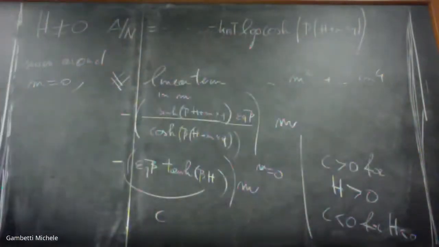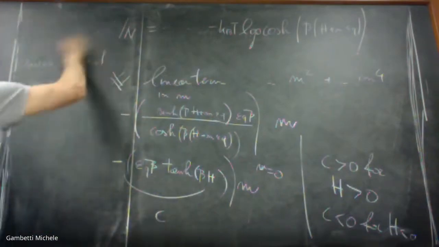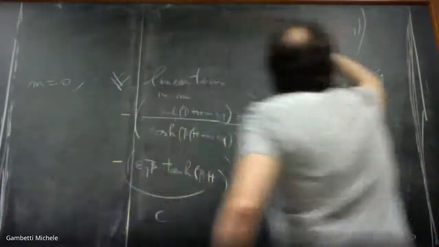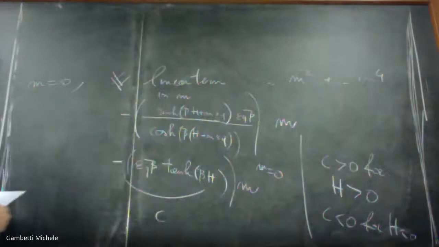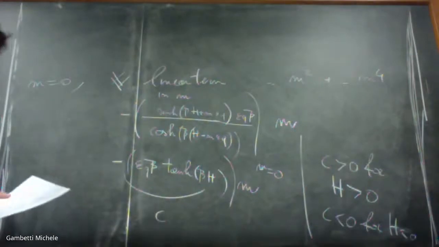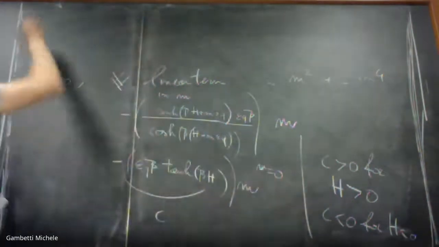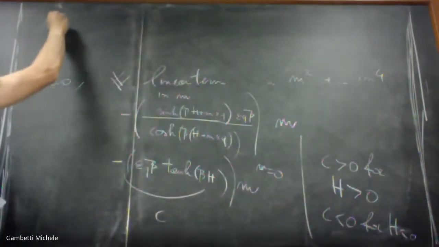Okay? So therefore, in this expansion of the free energy around the critical point, in presence of a magnetic field, I will have this additional linear term.